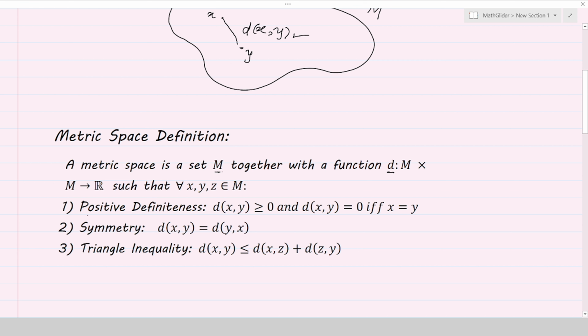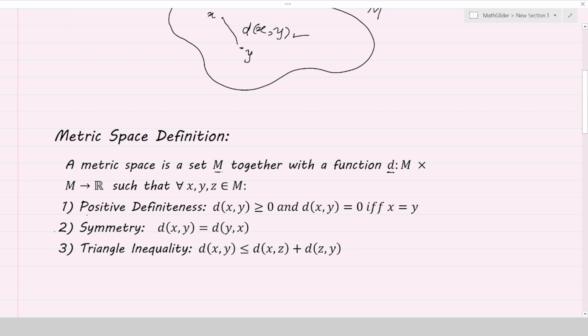The first is positive definiteness, which says distance of x, y should be greater than or equal to 0, and the distance is 0 if and only if x is equal to y. That means if x is not equal to y, then the distance is strictly positive. We saw it in our three examples, and it comes in the metric space definition also.